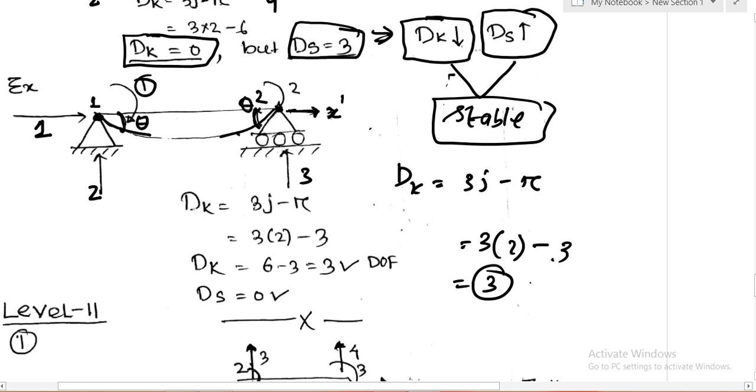So 2 angular displacements and 1 linear displacement are there. In the interview they will ask you to show the degree of freedom in the structure. You have to show how many linear displacements and how many angular displacements there are, because the total degree of kinematic indeterminacy is the summation of the linear translation part and the angular part.